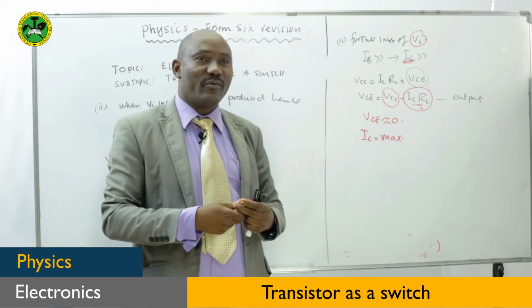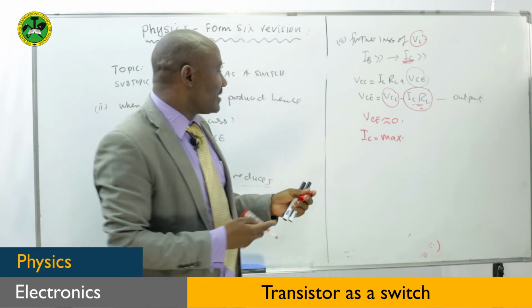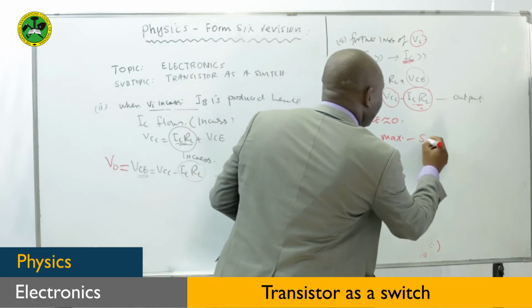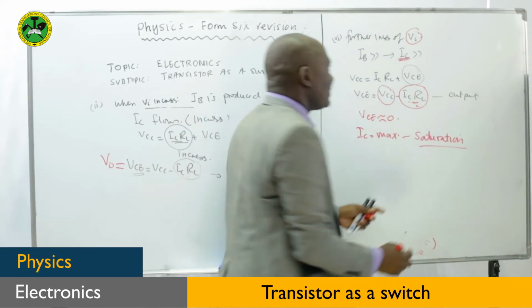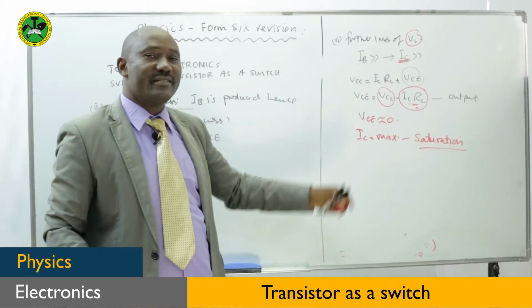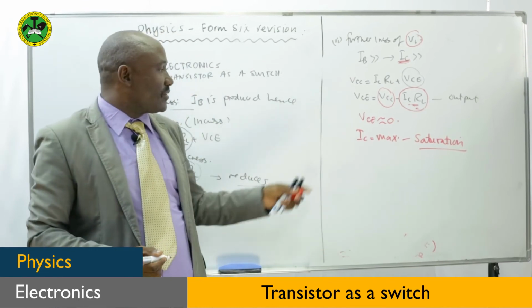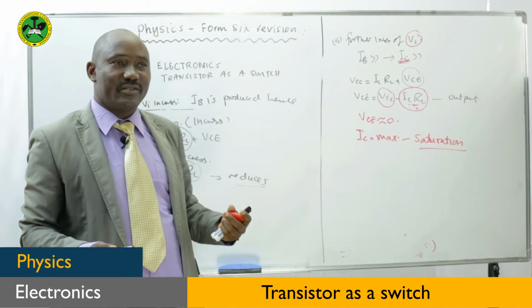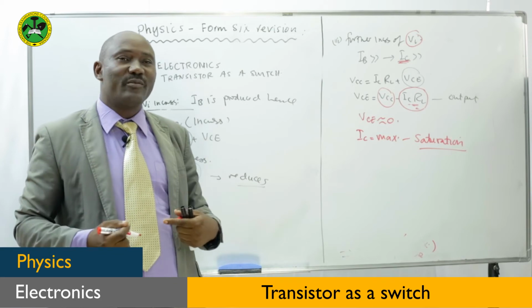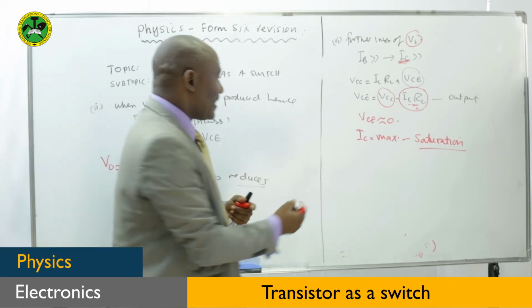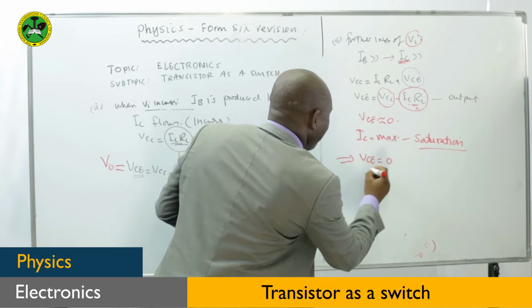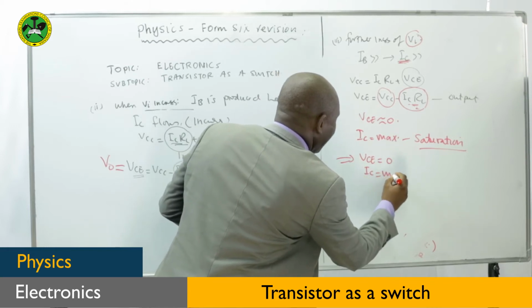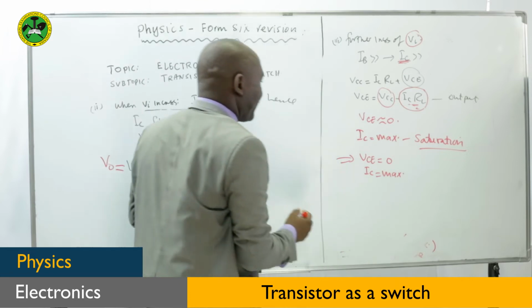So when the current is at the maximum, we say it is saturated. So there is saturation. Increasing the input will never increase the current. This is the saturation of a transistor. So the transistor is said to be in a saturated state. At saturation, VCE is equal to 0 and the current equals the maximum.